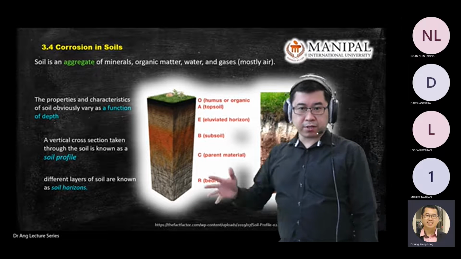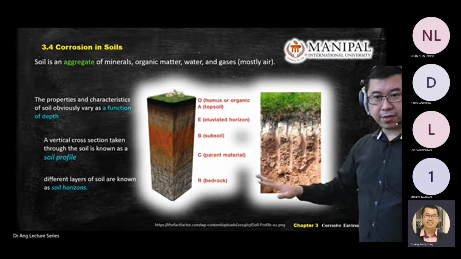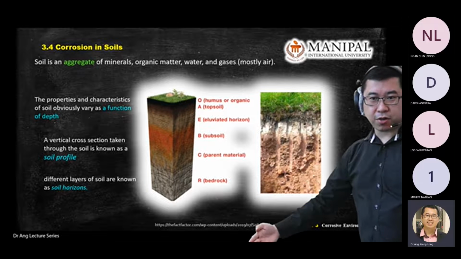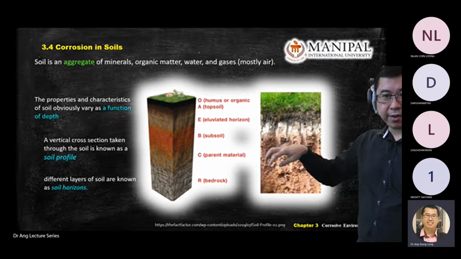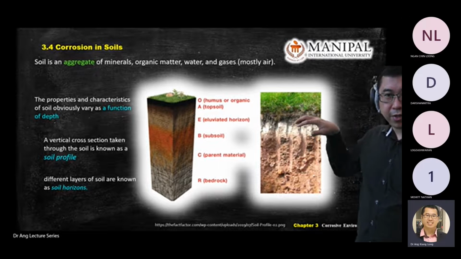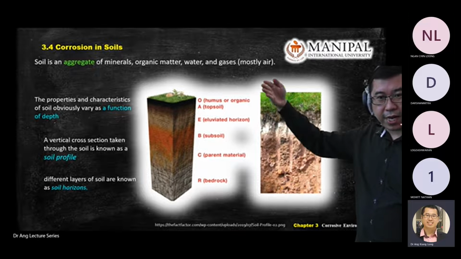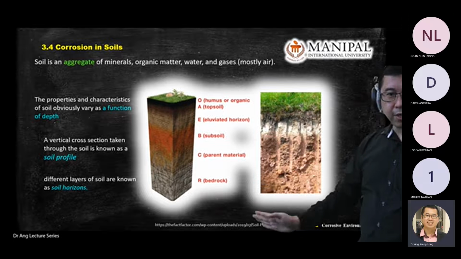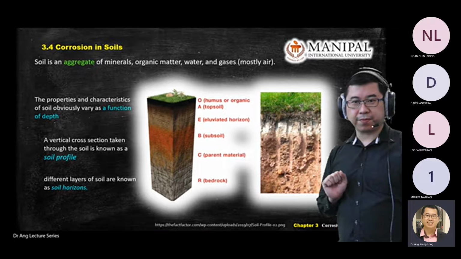What do I mean by that? If you look at this diagram, this is a soil, then you cut across the soil. This is a cross section of the soil, meaning you excavate, you dig the soil in this way. Then this is the 3D projection of the soil.